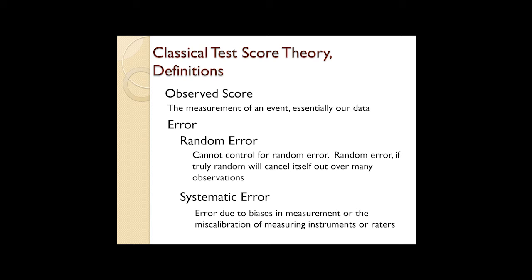For example, if we have a scale that is not accurate, we all love those scales that make us 5 pounds lighter because it's miscalibrated. But that is a systematic error. The scale that measures someone lighter 5 pounds will measure everyone lighter 5 pounds. Hopefully, we can minimize systematic error the most we can and get rid of those effects.